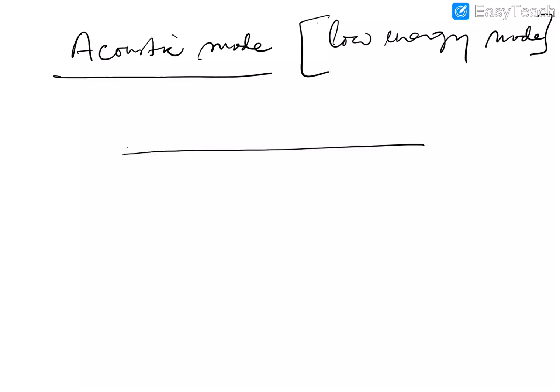Let me show it like this. You remember we had red and blue ones, so let's say red, and then we have small blue, so they are vibrating along with each other.